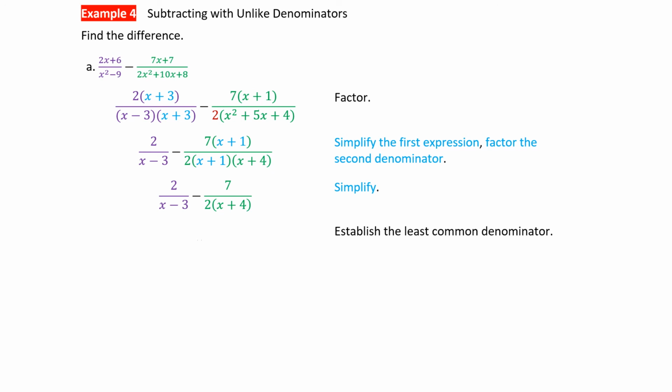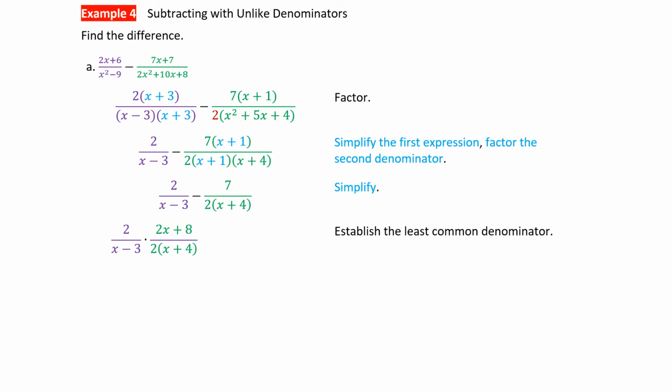The first fraction has x minus 3, but it doesn't have the 2 or the x plus 4, so we multiply it by those. For what it's worth, I'm leaving it as 2 times x plus 4 in the denominator, and I'm actually distributing in the numerator because we're going to distribute even further, multiplying by 2 in the next step, and we're also going to then combine with the second fraction.